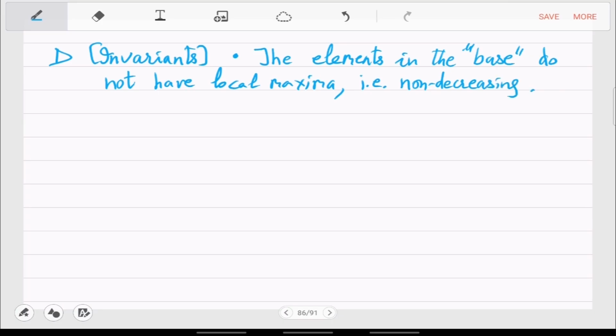Because if there was any time a rise and a fall, then you would have a local maxima and you would have done it before. You would have removed it. Right? So this is an invariant, that you have a non-decreasing sequence in order of precedence.